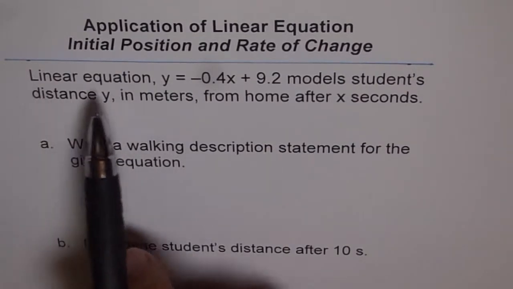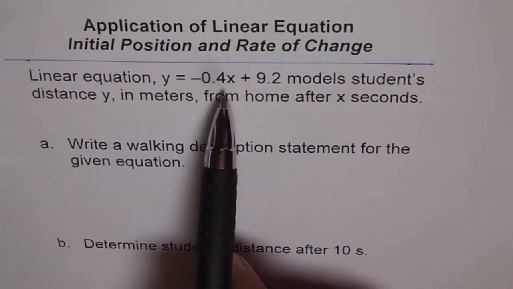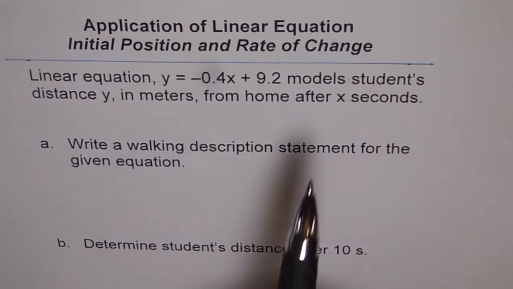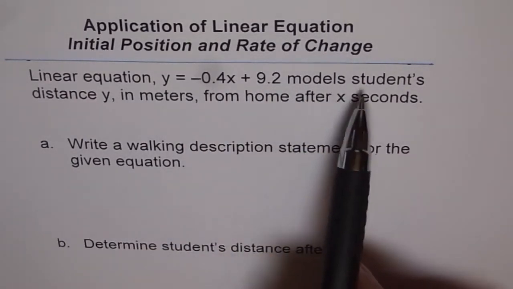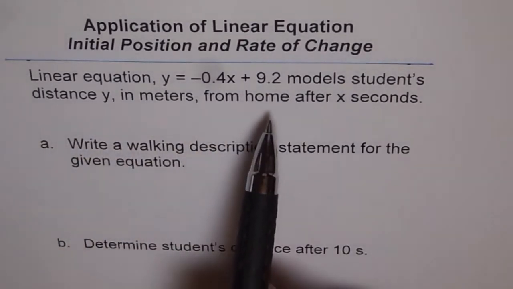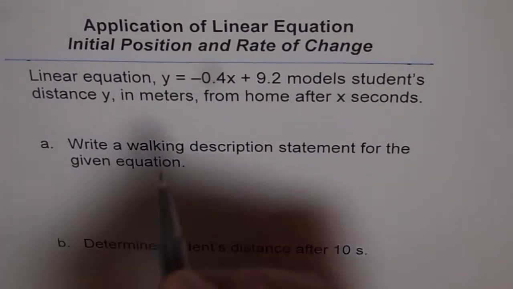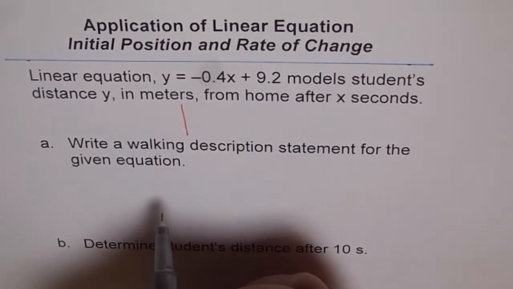So here we have a linear equation y equals minus 0.4x plus 9.2, which models a student's distance y in meters from home after x seconds. First let's try to understand this equation. Let's say this is the student's home.